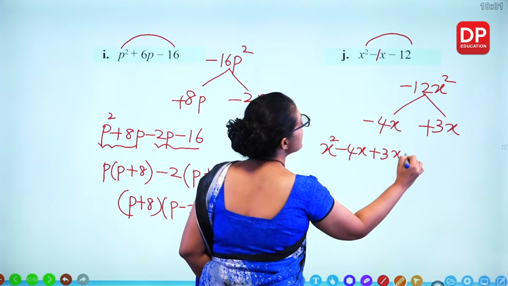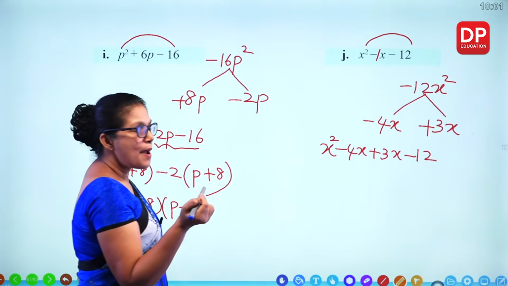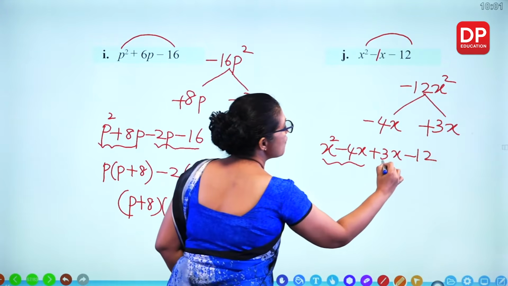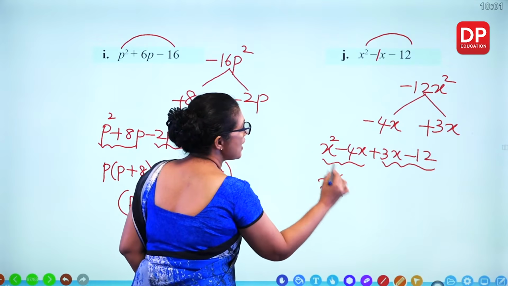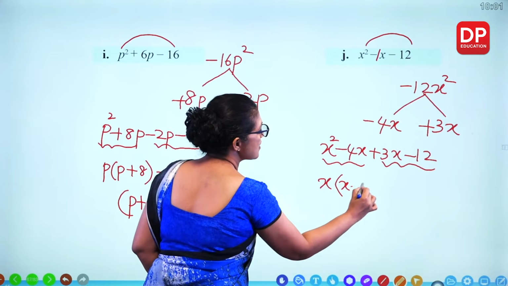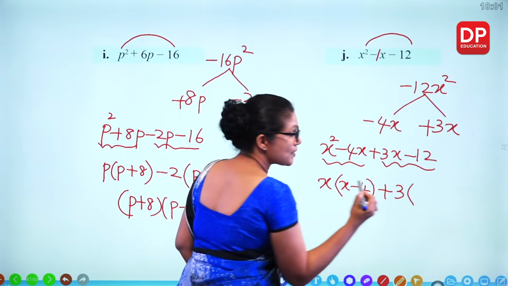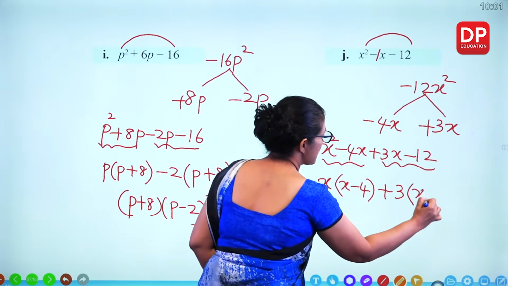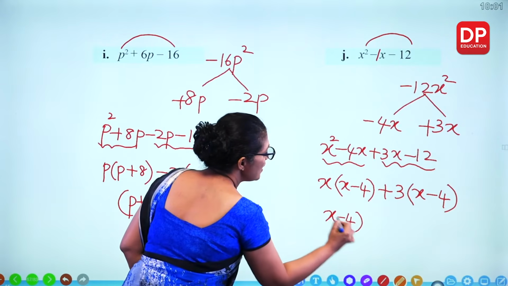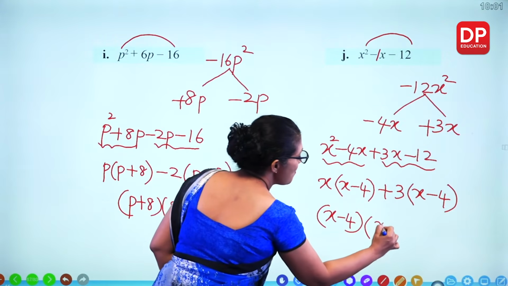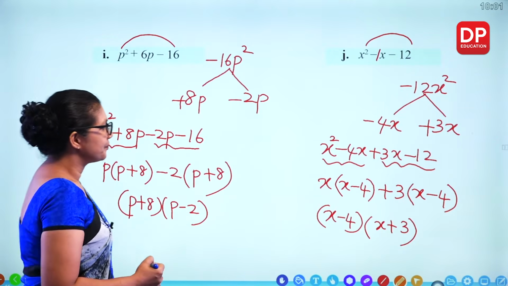So you write the middle term in terms of minus 4 and plus 3 and take first 2 separately and the last 2 separately. So you get x here, x minus 4. When you take plus 3 out, what's remaining? You get x minus 4. So x minus 4 is common. Take it out and the remaining part is x plus 3.